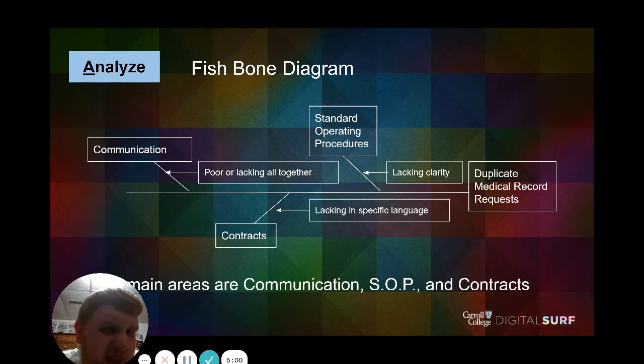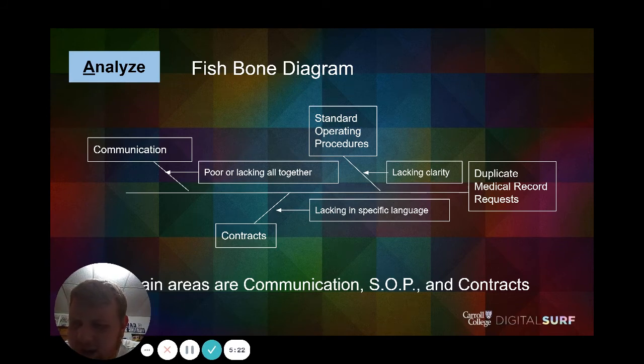In contracts, they were lacking specific language. And all of those issues led to our duplicate medical requests. So like it says here on the bottom, our three main areas are communication, SOP, standard operating procedures, and contracts.